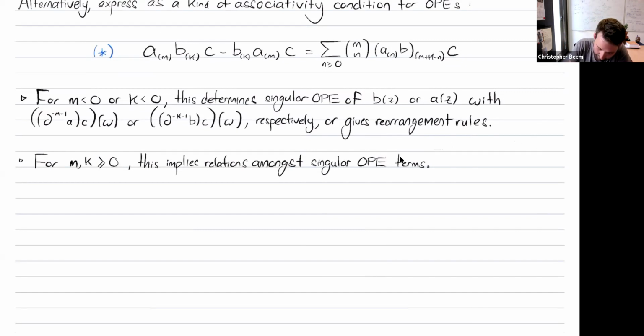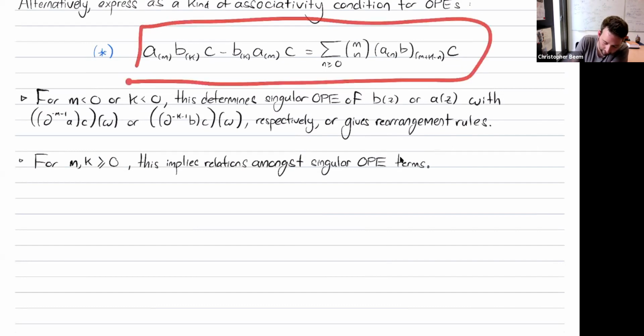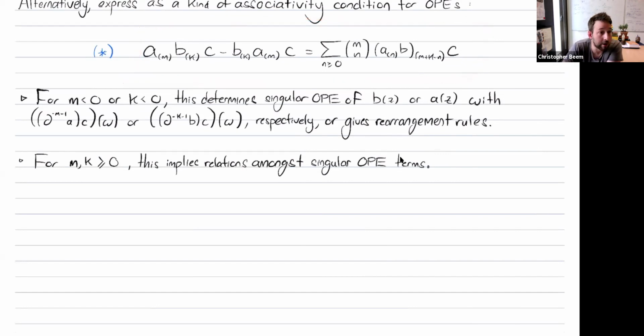On the other hand, when M and K are both non-negative, this condition reads as a consistency condition amongst the singular terms that appear in the OPE. In an honest vertex algebra or vertex operator algebra, this will necessarily hold, but it's a self-consistency condition amongst data that otherwise looks a little bit independent.